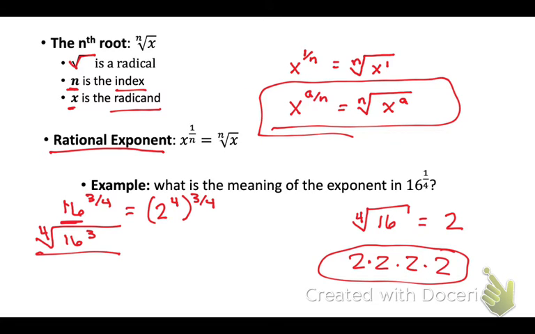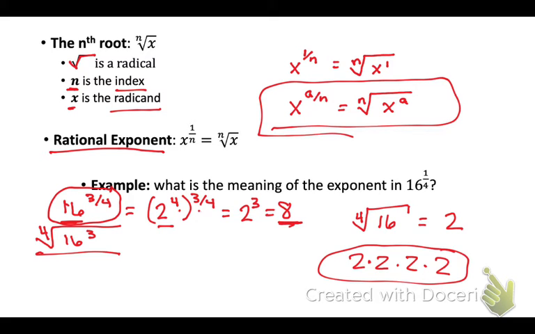Now, when I have a power to a power, what do I do to those two numbers? Multiply them. So when I have 2 to the 4th to the 3/4, I take 4 times 3/4, which is 3, and 2 to the 3rd is 8. So 16 to the 3/4 is equal to 8.